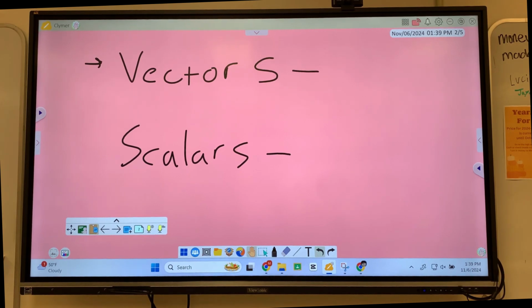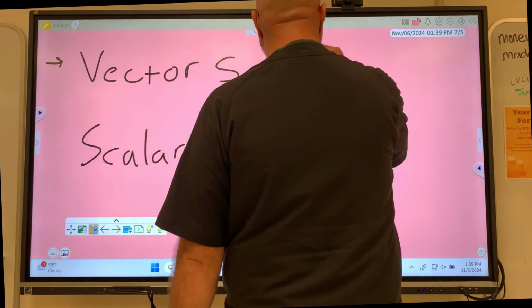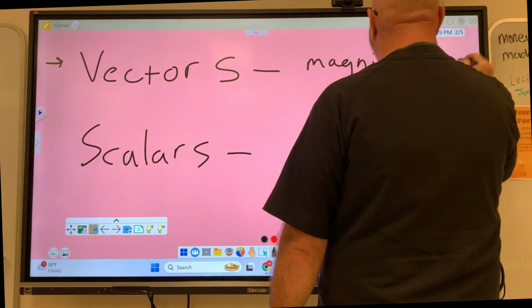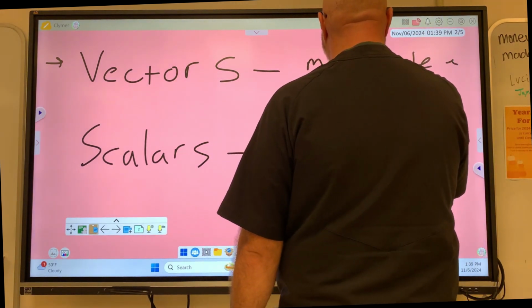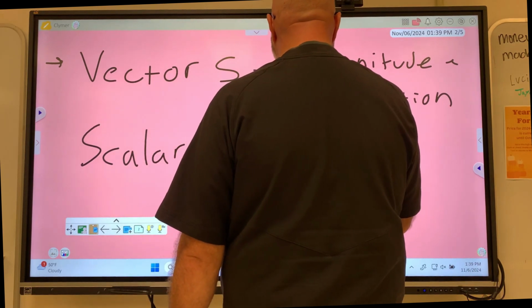So vectors in physics are something that have a magnitude and a direction. A scalar quantity only has magnitude.